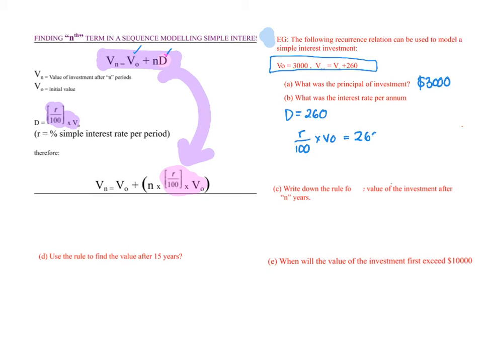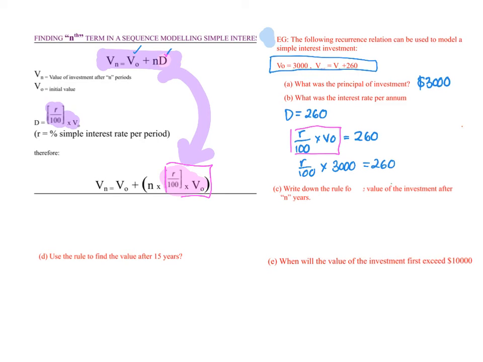Isn't that true? And I'm going to say it equals 260. Can you see I just put the rule for D there? This bit is just the rule for D. Now, if I know that, do I know what the V0 was? What was V0? 3,000 and equals 260.